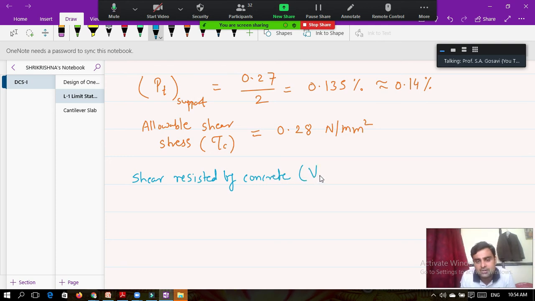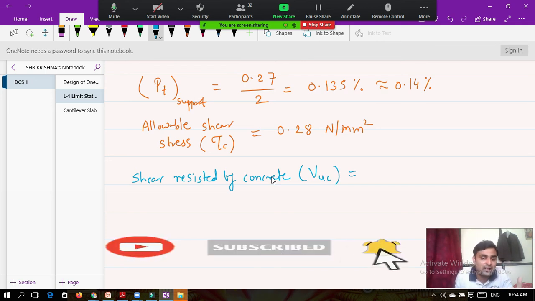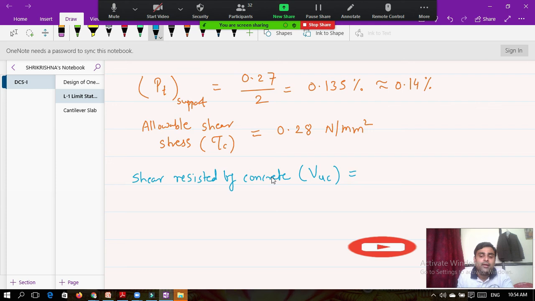It is known as VUC. ओके, 54 किलोन्यूटनचा जो शिअर फोर्स आहे हा डेव्हलप होत आहे, बरोबर आहे, हा तुमच्या बीमवर ऍक्ट होतोय, पण त्याच्यातला कॉन्क्रीट किती रेजिस्ट करतोय हे आपल्याला कॅल्क्युलेट करायचंय. ओके, सो व्हॉट इज द शिअर फोर्स रेजिस्टेड बाय द कॉन्क्रीट.